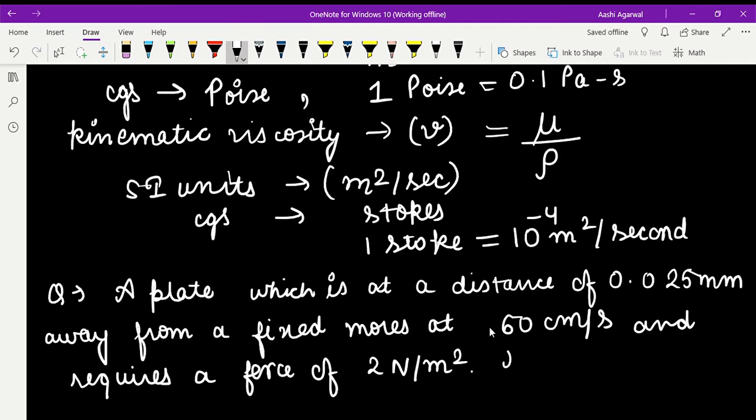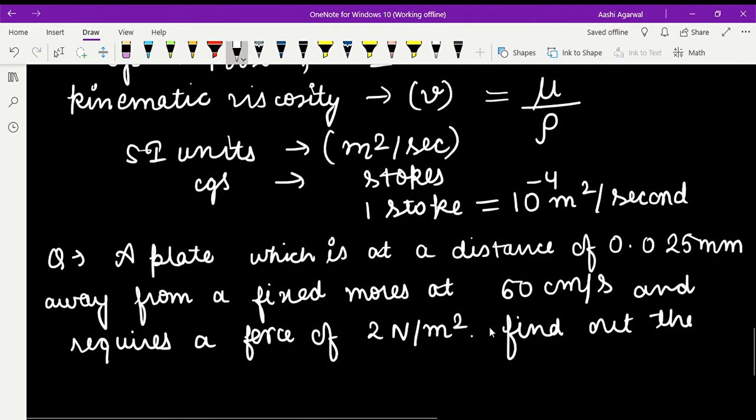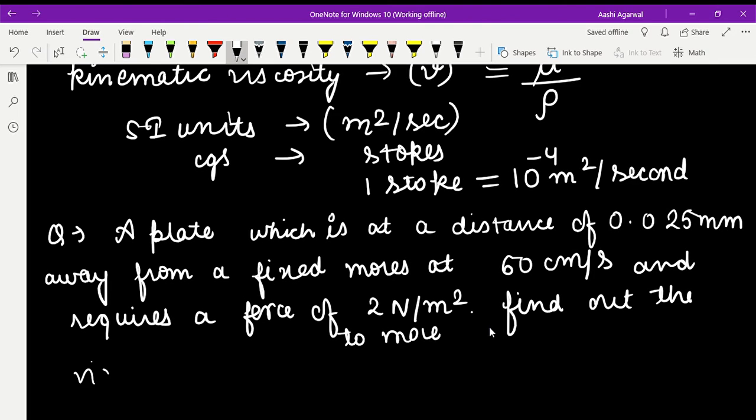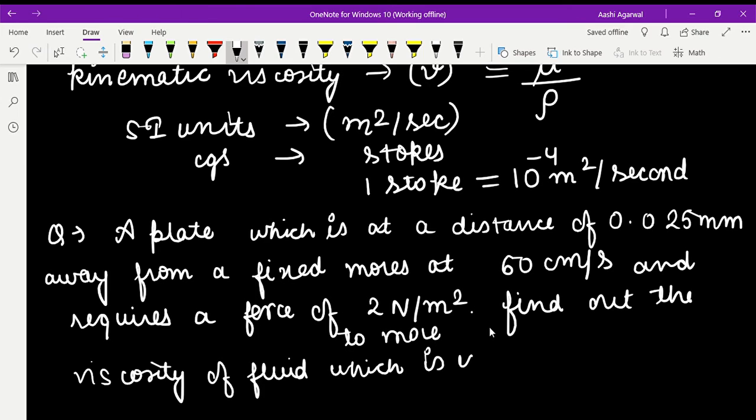What we have to find out is, this much force is required to maintain this much speed. Find out the viscosity of the fluid which is in between the plates.